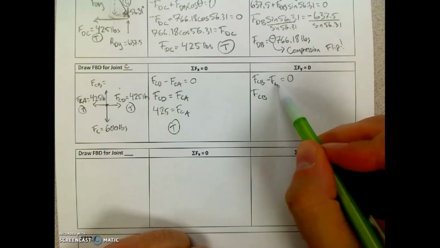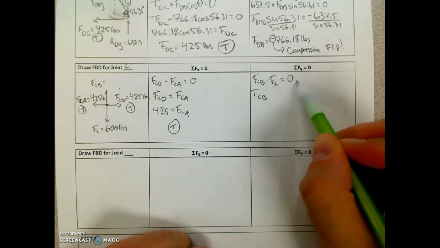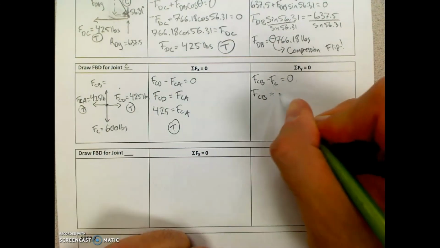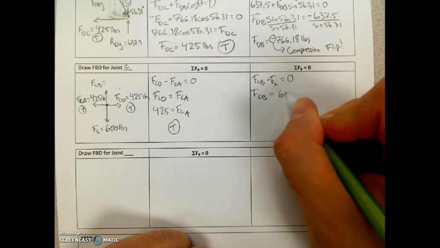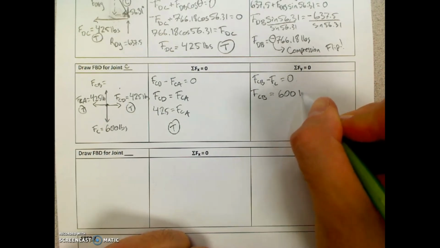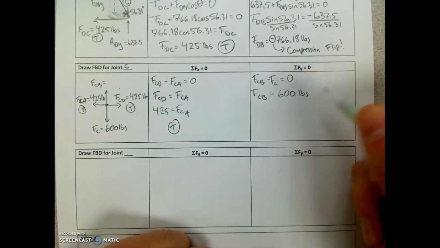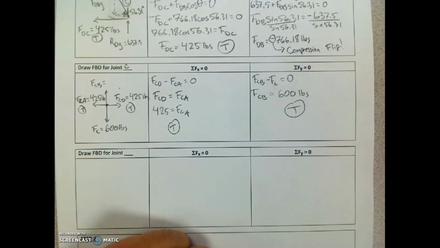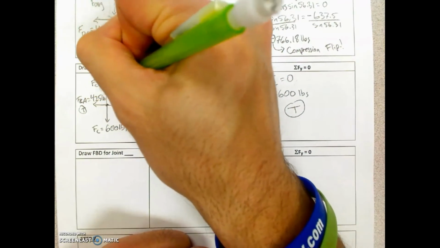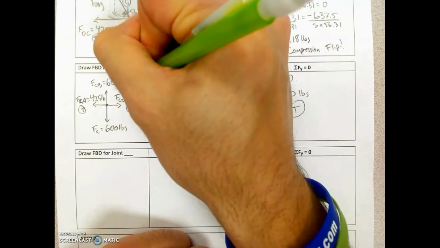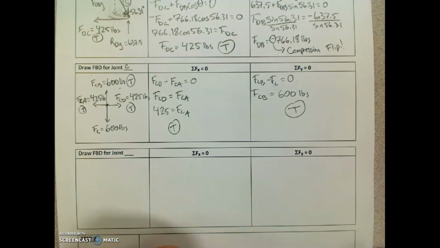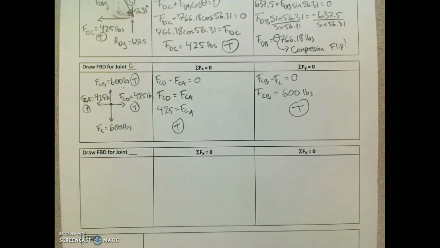Since we know that FC is 600, if I add 600 to both sides, I know that FCB has to be 600 pounds. And because it turned out to be positive, we know that guy's in tension as well. So it looks like we found one in compression so far, and the rest have been in tension. Whew, okay, I like that joint a lot. That was nice and easy.